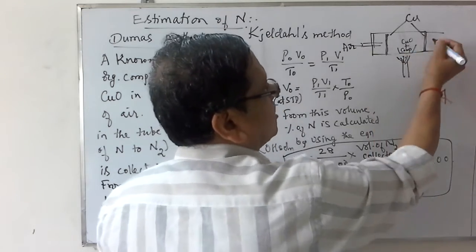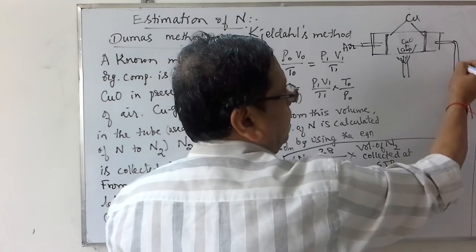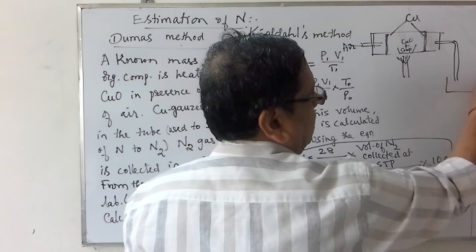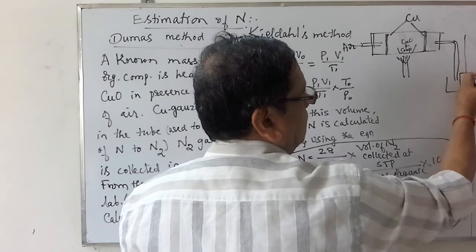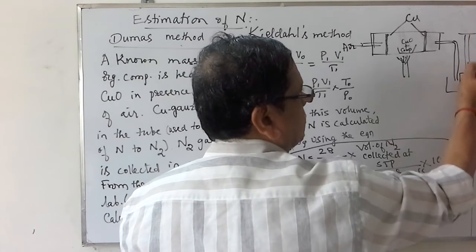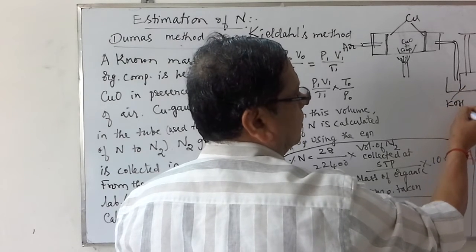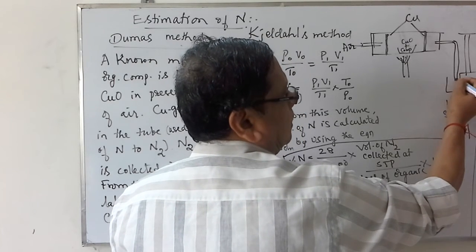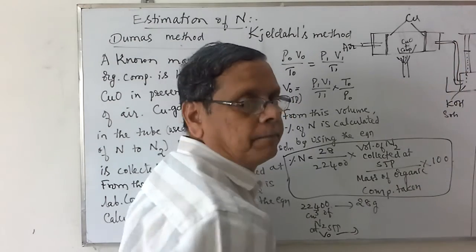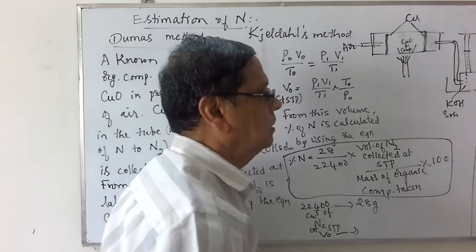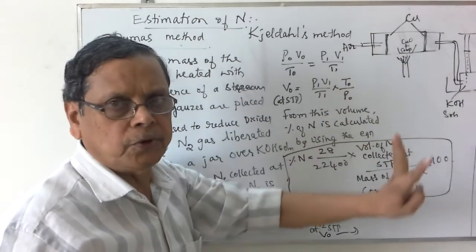Whatever gas is produced is passed through a trough containing an inverted gas jar containing potassium hydroxide solution. Here the bubbles of nitrogen are produced and collected above the potassium hydroxide solution. This KOH solution will absorb whatever carbon dioxide is produced.